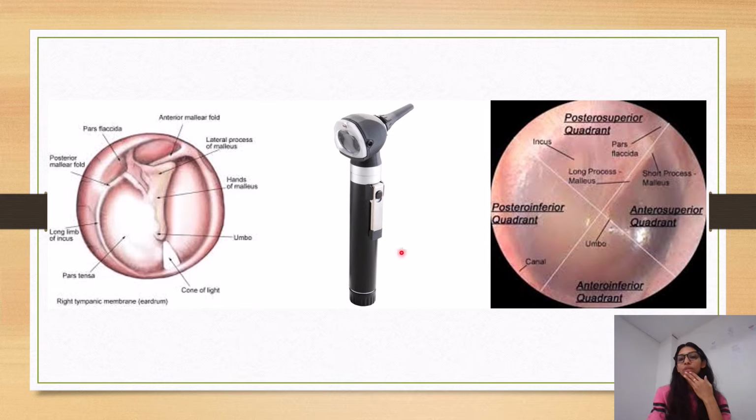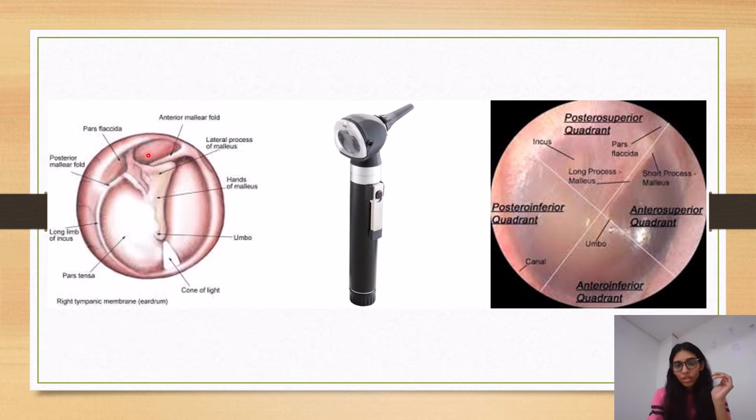And the malleus from inside creates a fold in our tympanic membrane, which is called the malleal fold. Even here, you can see a little bit of a fold-like structure. This malleal fold separates the tympanic membrane into two portions, one here above and one portion below.